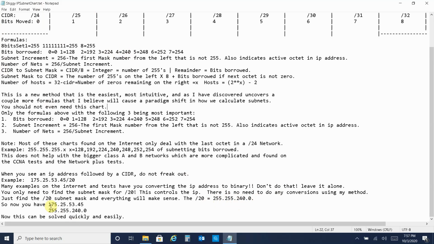So now you got your example, I'm sorry: your IP address /20. Now you've done this, you've done that, and now this can be solved quickly and easily, which we will show you the rest of in the next part.